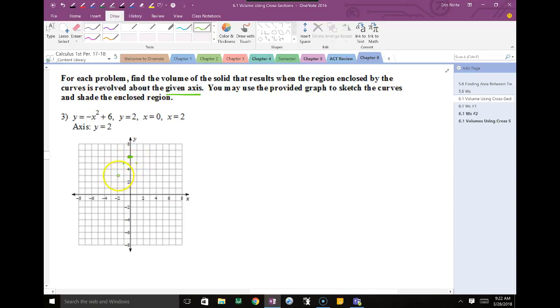It crosses, I think, right at 3, doesn't it? No, it doesn't. It's not a nice cross. Something like that. Okay, what does the equation y equals 2 look like? It's a straight line at 2.